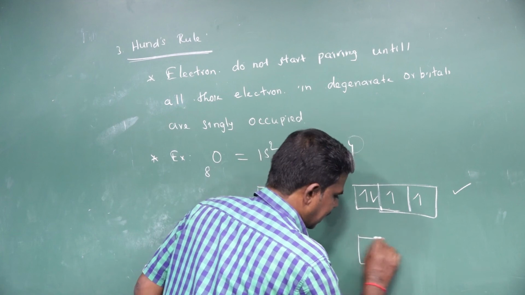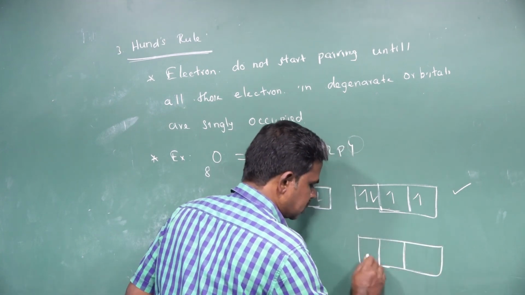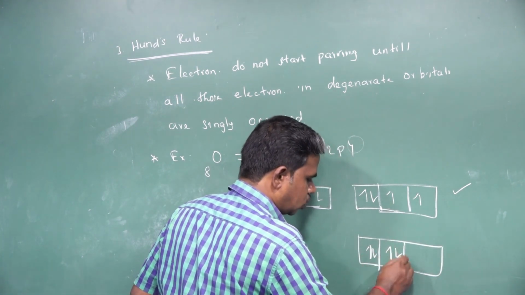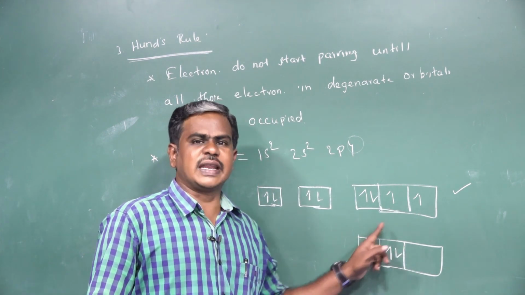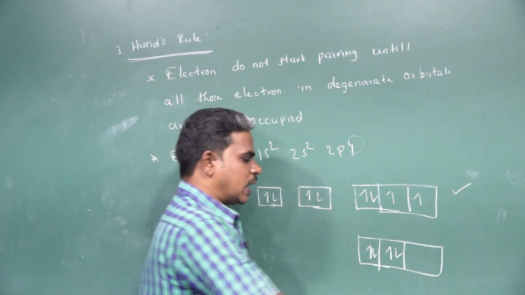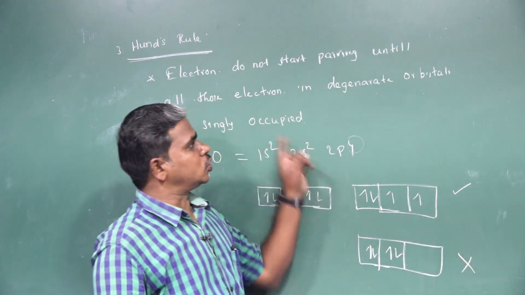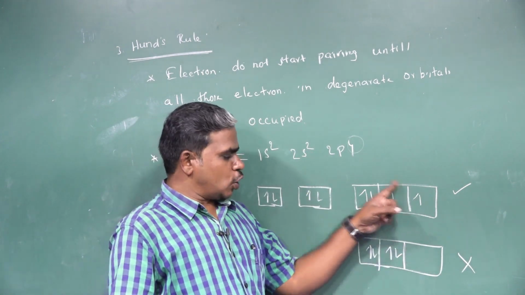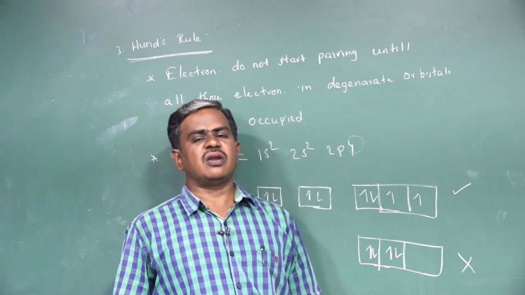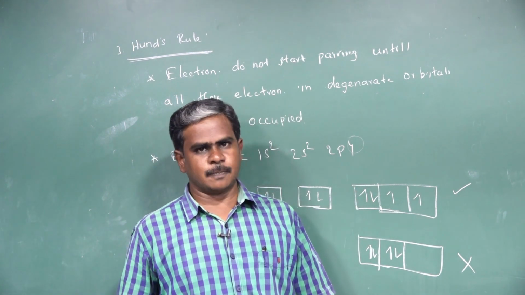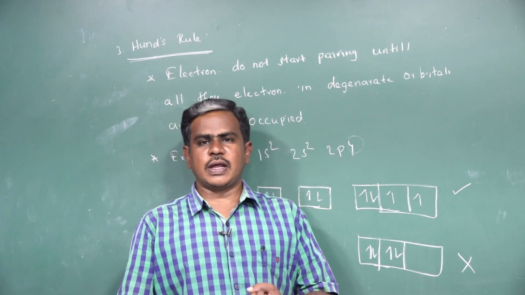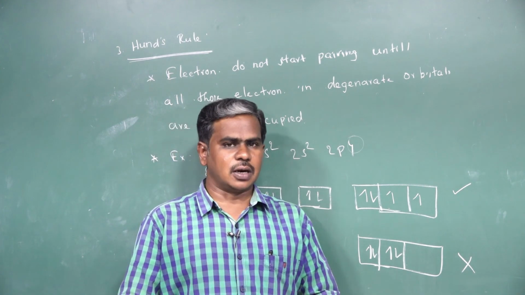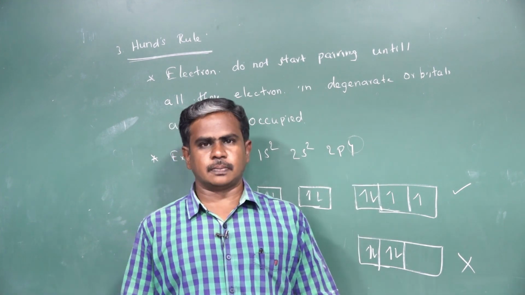If you fill like this, suppose here 1, 2, 1, 2, then pairing starts before the orbitals are singly occupied, so it is wrong according to Hund's rule. So, while writing the electronic configuration, we follow these three rules: one is the Aufbau principle, the second is Pauli's exclusion principle and the third is Hund's rule. Thank you.